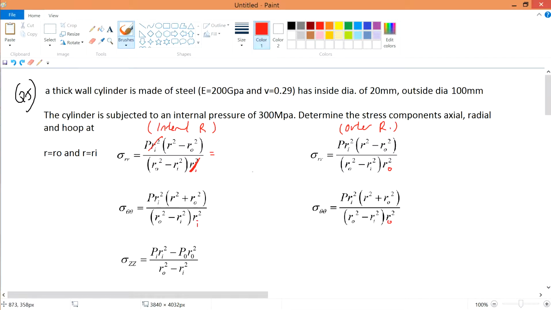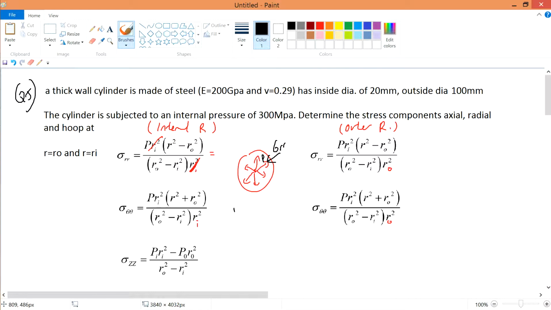If you take a look, there's a cylinder over here, with a pressure acting all against the side. The purpose of sigma r, the radial stress, is to act as an opposing force against the pressure.